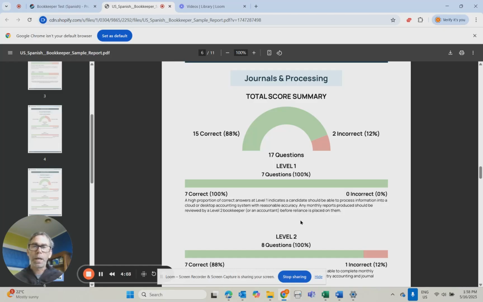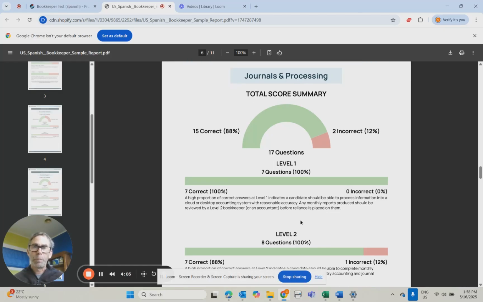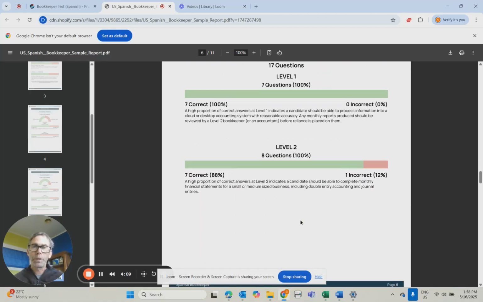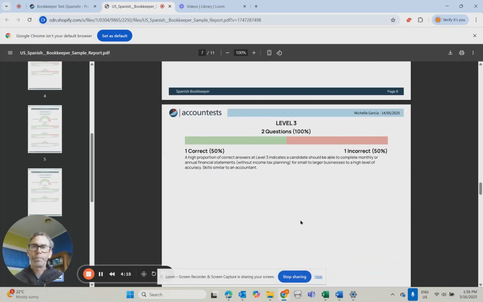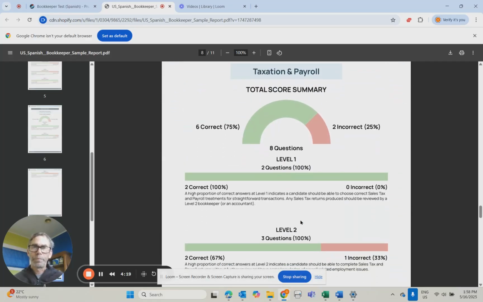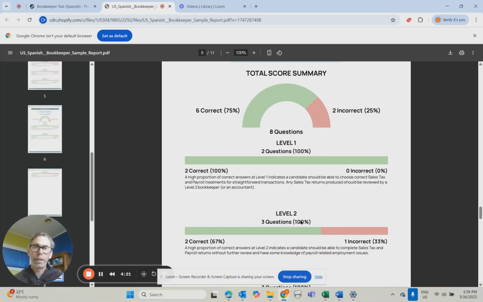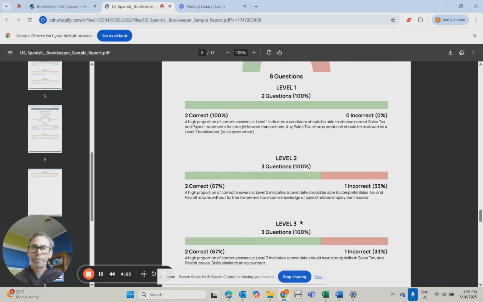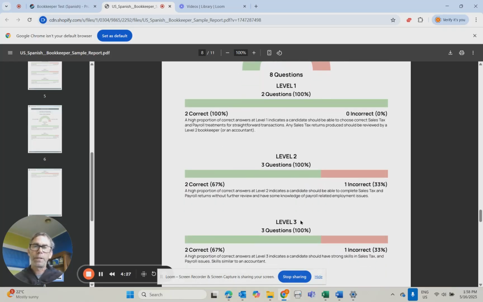What is their capability at processing information? And obviously at levels 2 and 3, the questions delve into that debits and credits area as well. And tax and payroll. So no federal tax in here, so these questions are around sales tax and payroll. So you get to see how your candidate did in each of those sections on the level 1, 2, and 3 questions.